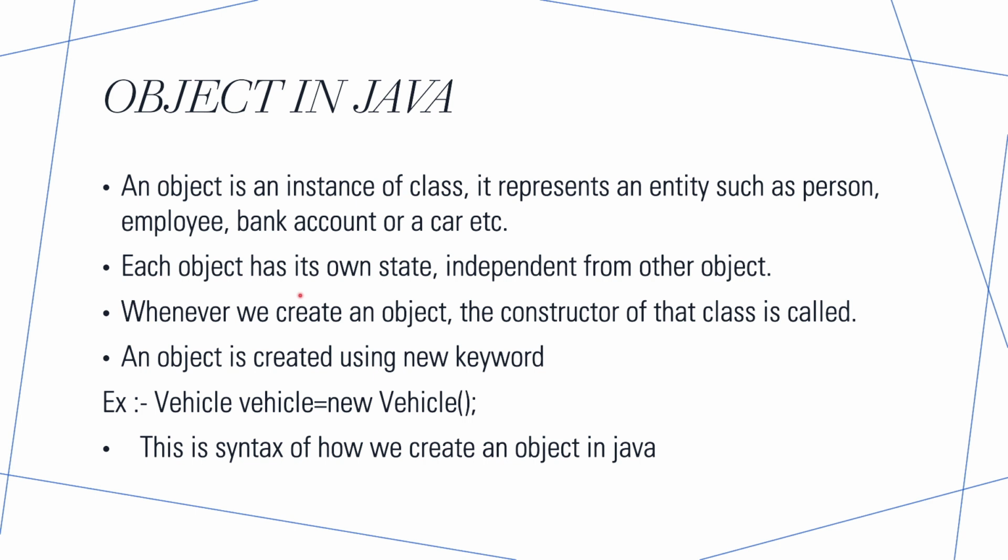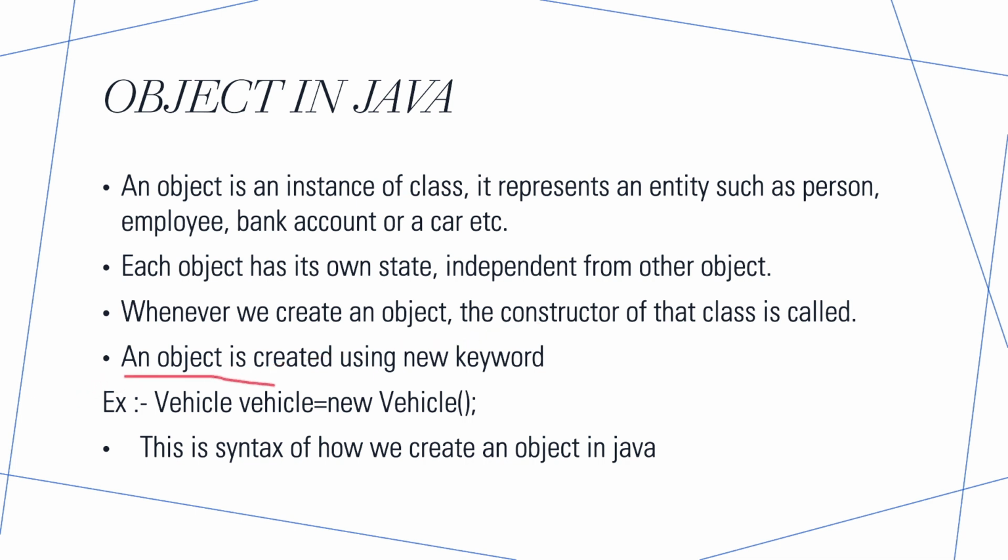So both are independent objects. Whenever we create an object, the constructor of the class is called. If you don't create a constructor, Java will by default give a default constructor, that is, with no-arg parameters.